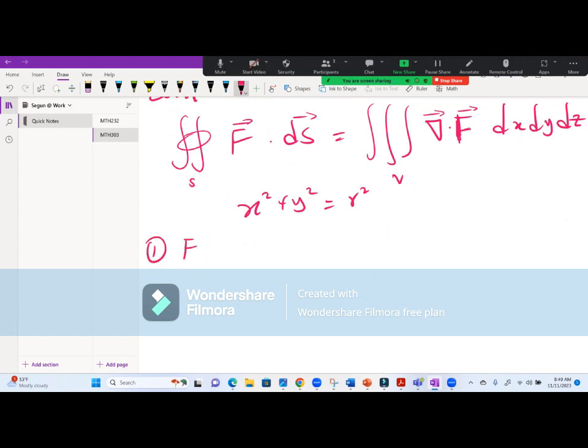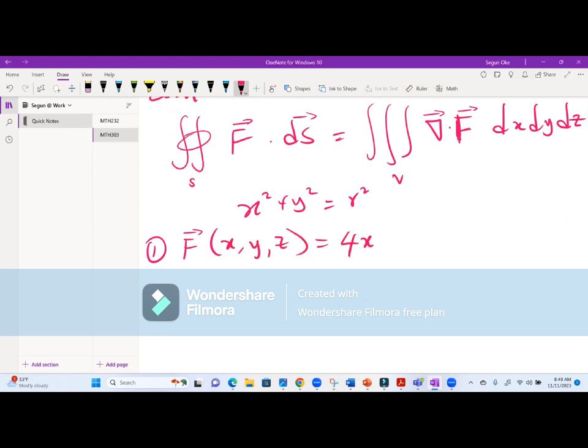Question 1 says F(x, y, z) equals 4x i minus 2y squared j plus z squared k, all belonging to C1.